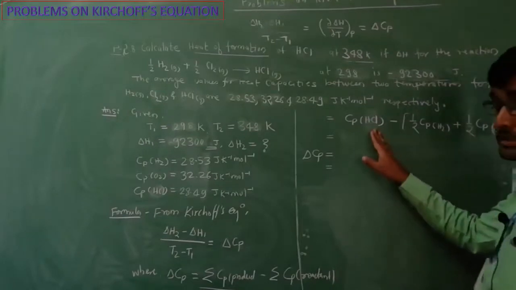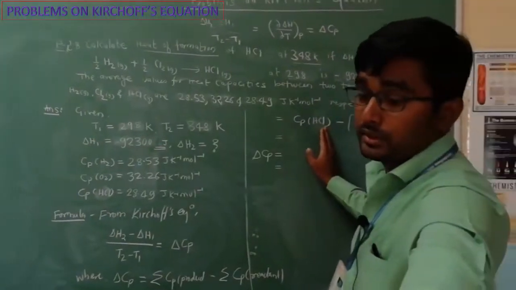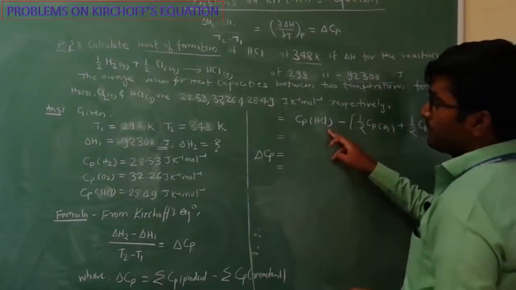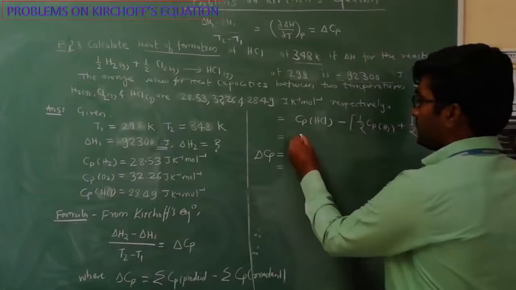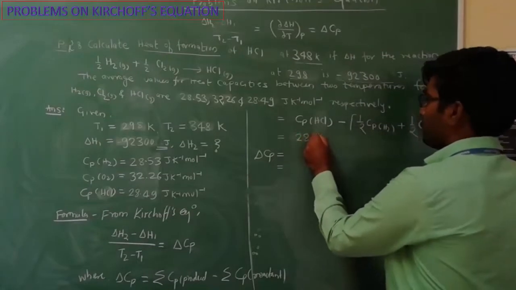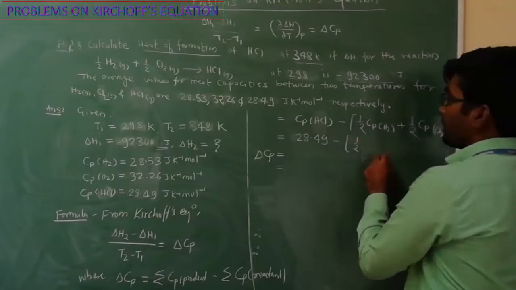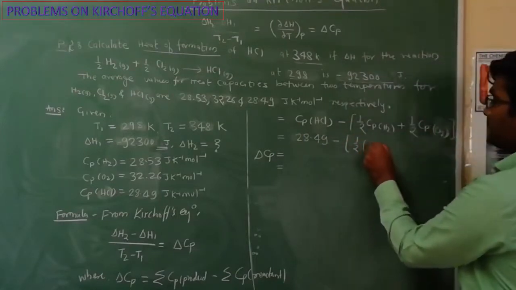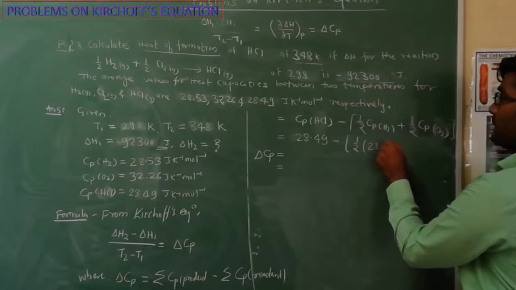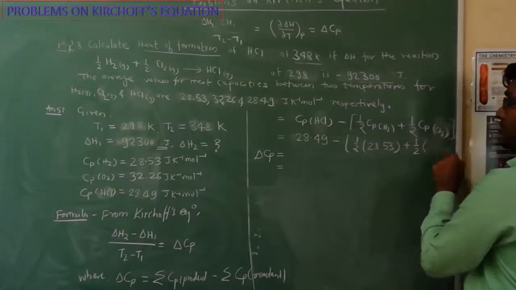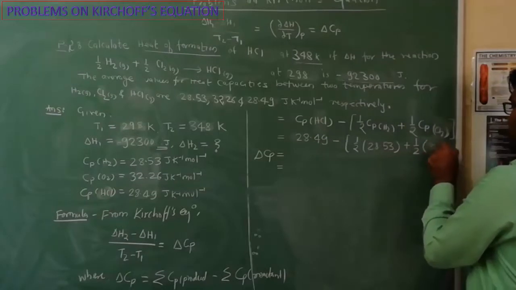Now, let us put the values. The specific heat capacity for HCl is 28.49 minus the specific heat capacity for hydrogen, 28.53, plus the specific heat capacity for chlorine, 32.26.